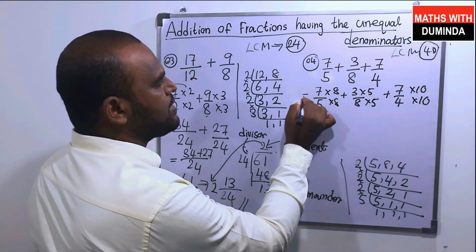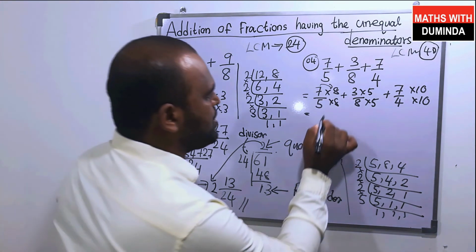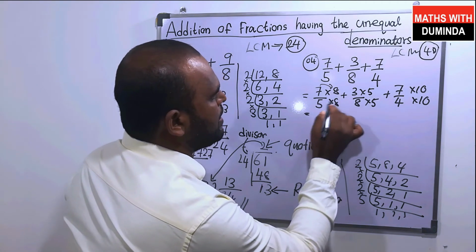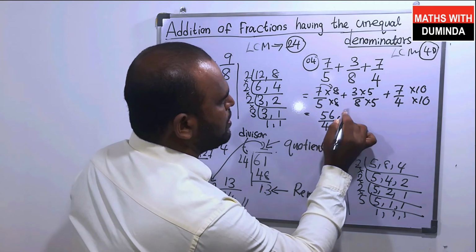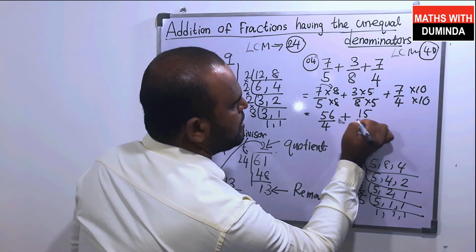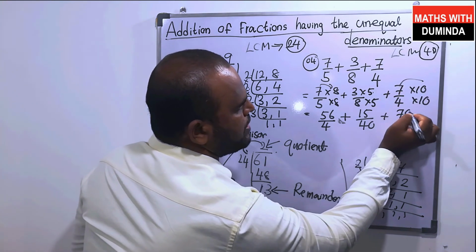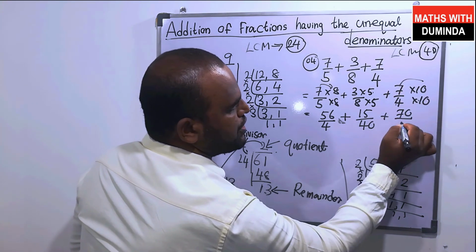Okay, then let's multiply. 7 multiplied by 8 is 56, and 8 times 5 is 40, and 3 multiplied by 5 is 15, and here 40, and 7 multiplied by 10 is 70, and 4 multiplied by 10 is 40.